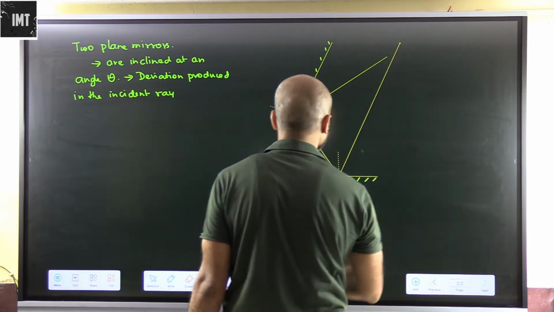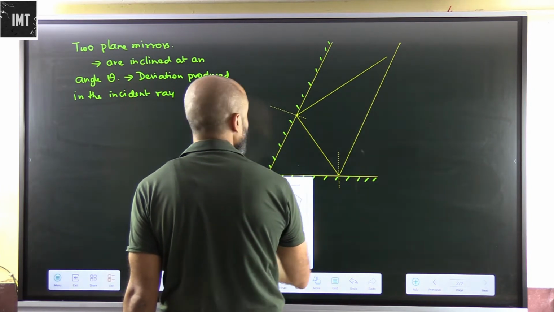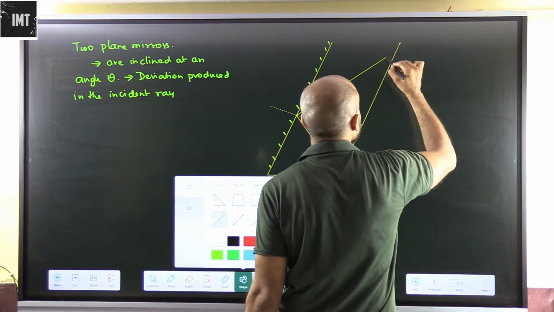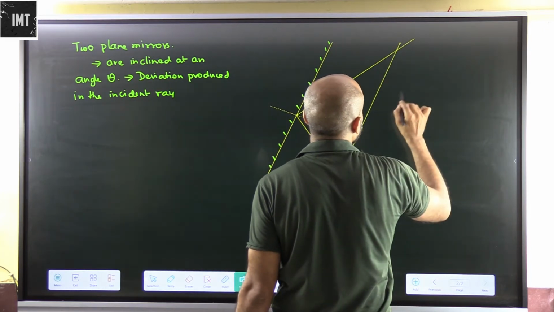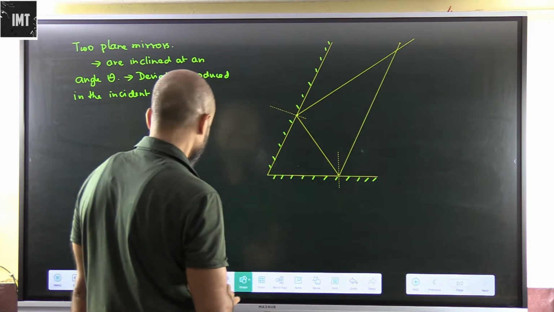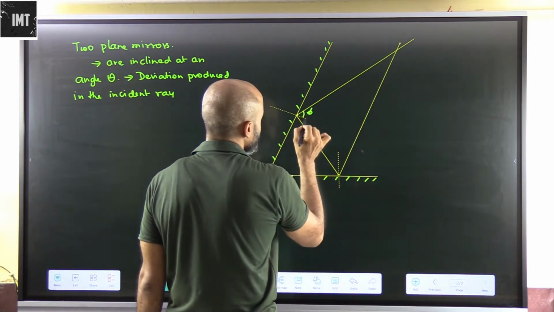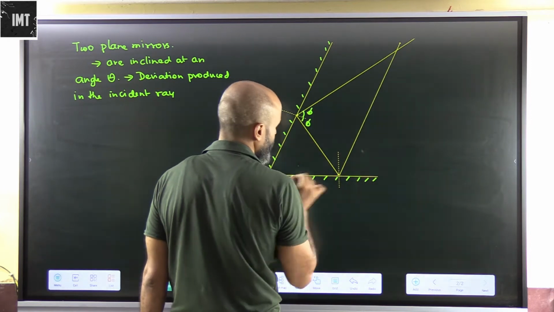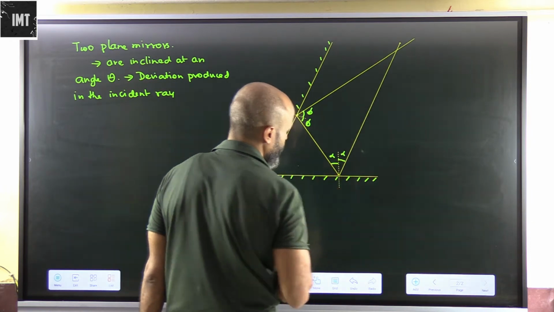If I extend the incident ray a little more backwards, here we have the angle as sigma. Let's say this angle is alpha and this angle is alpha.